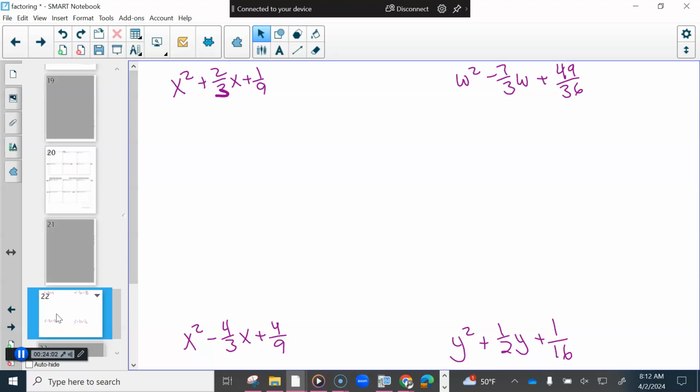Okay, so when you see something like this, you have to rewrite it so that it looks like the trinomials that we're used to. How we would do that is whatever this denominator is, multiply that to everything. So we're going to multiply this entire thing by 9.